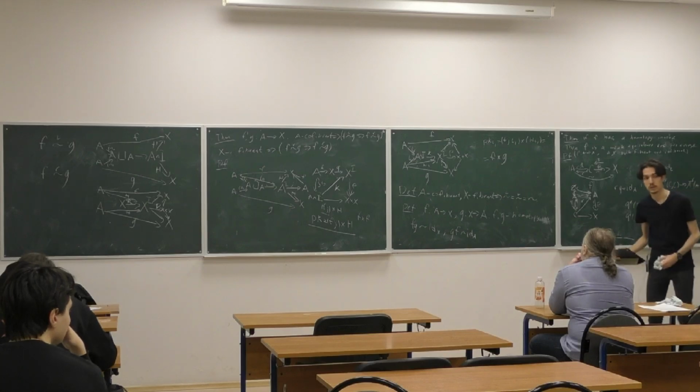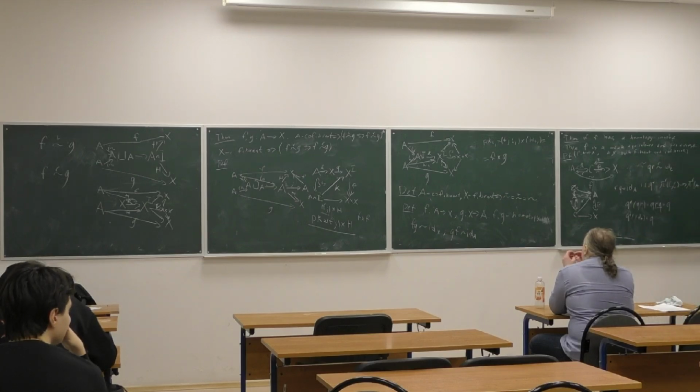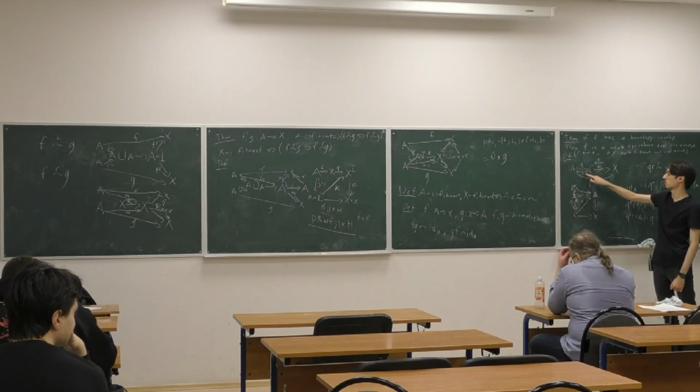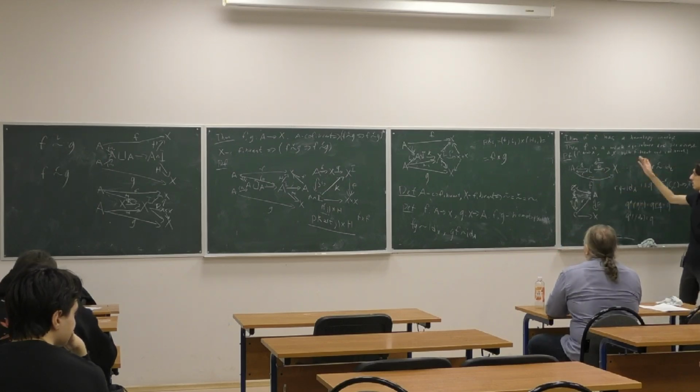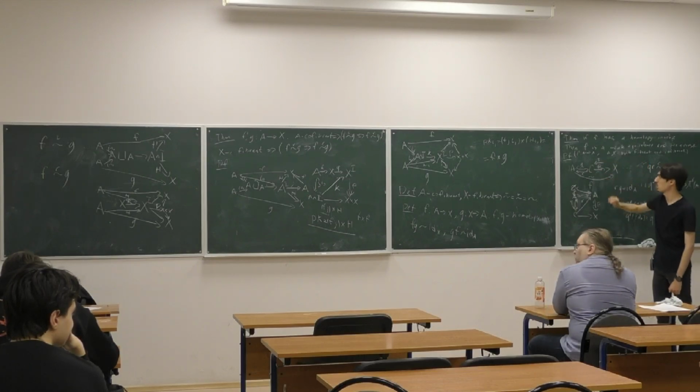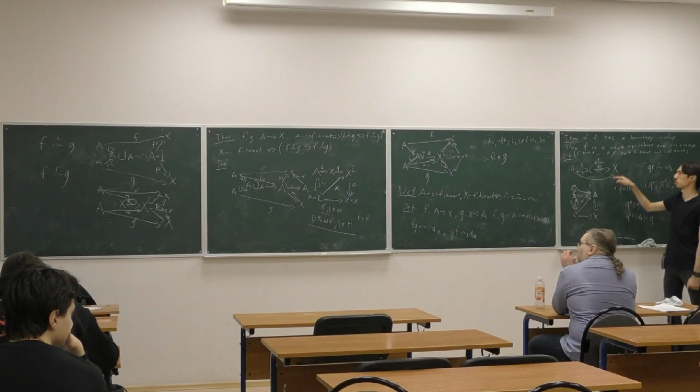So we proved that R is a homotopy inverse to Q, and analogously we can prove that S is a homotopy inverse to P. So the composition is a homotopy inverse to the composition.